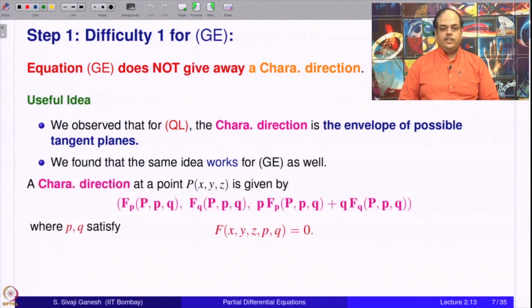So, the characteristic direction at a point (x, y, z) is given by F_p, F_q, P F_p plus Q F_q. The argument has to be the 5-tuple (x, y, z, p, q), where capital P stands for (x, y, z), and small p and small q are such that capital F of this is 0.